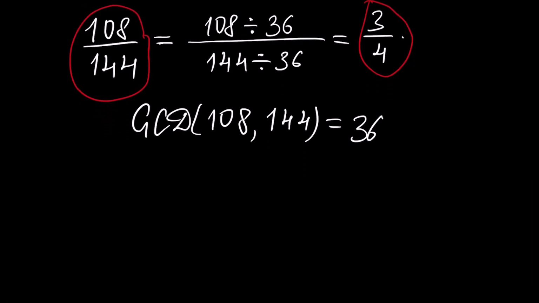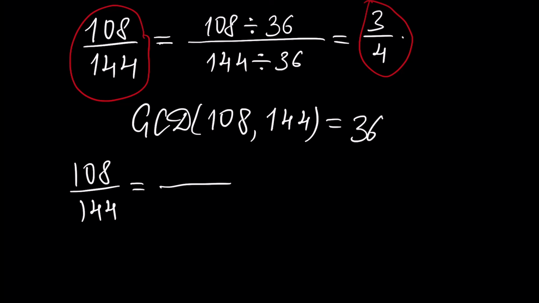Let's reduce to the lowest terms this fraction, 108/144. Obviously, both numbers can be divided by number 2. We also know the divisibility criteria for numbers 2, 3, 4, and so on up to number 9. Watch our previous tutorials.